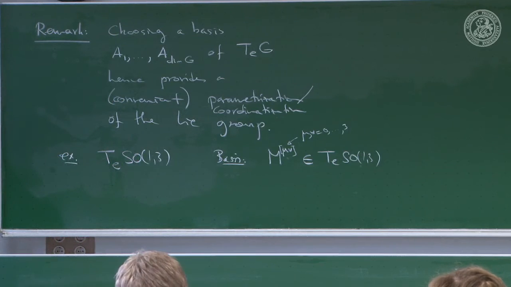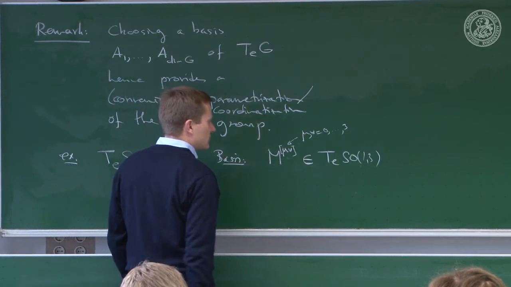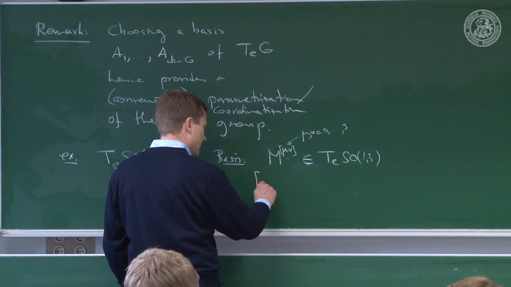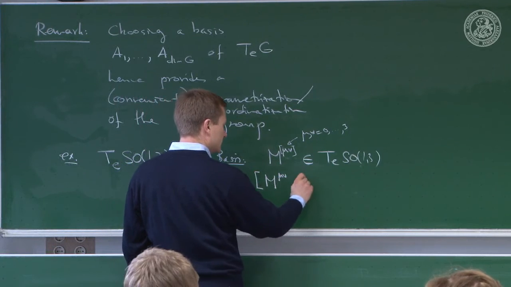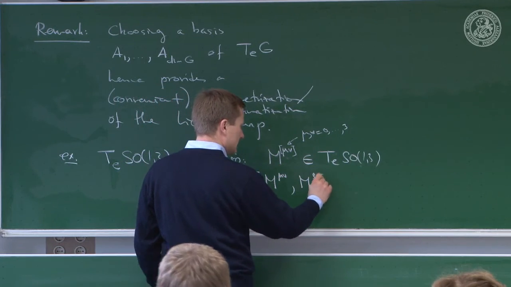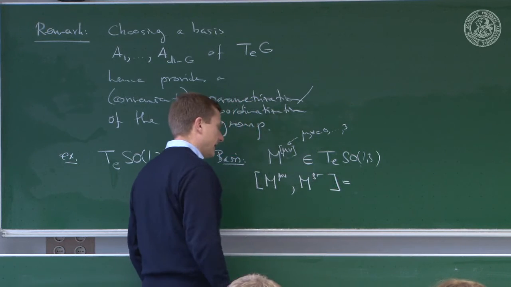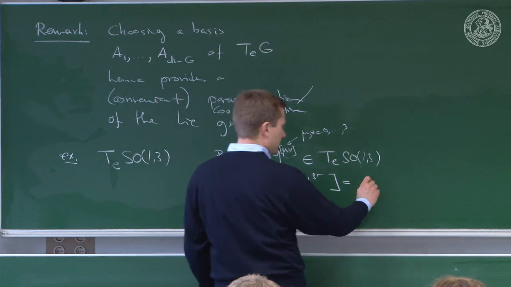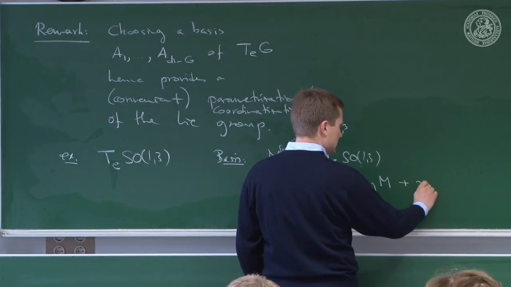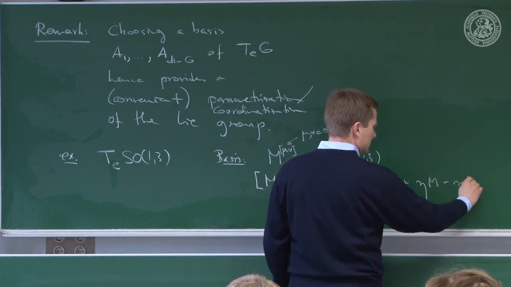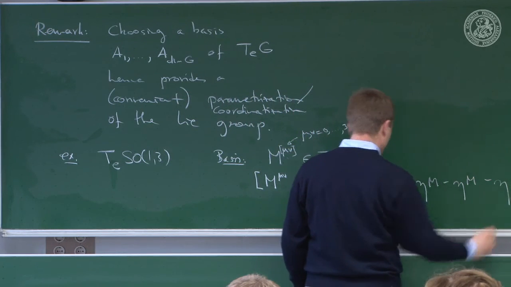So you can label these elements, these basis vectors, such. Okay. And, well, they have to satisfy a certain algebra. So you can ask what kind of algebra the M^{μν} with the M^{ρσ} satisfy. And if I remember correctly, that's some η plus η minus η minus η.